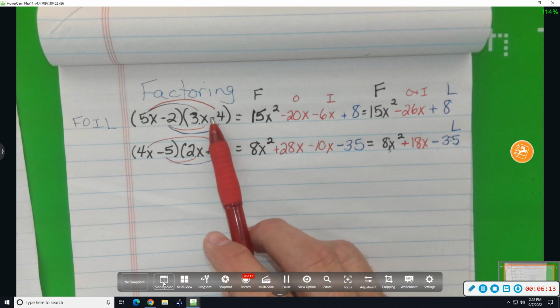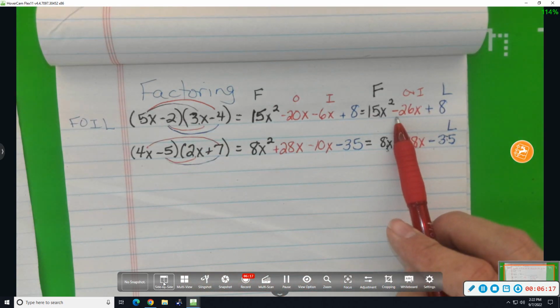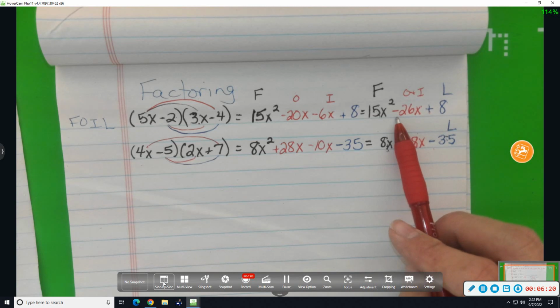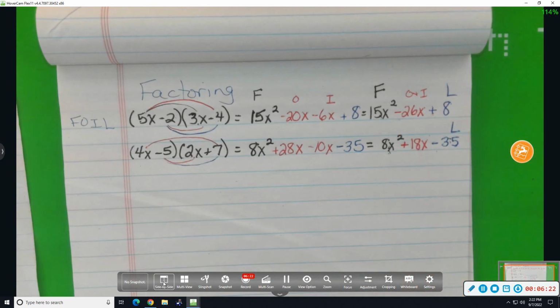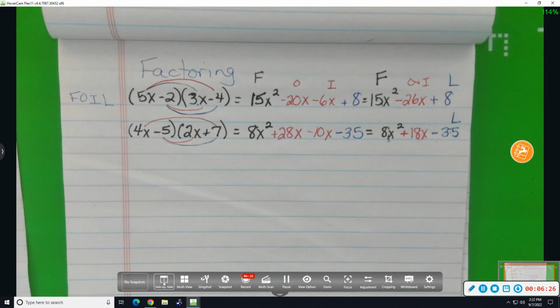The way you decide which one you have is by looking at this symbol right here in front of the 26x. I'm going to write a little table to help us figure out how to arrange the plus signs and the minus signs.